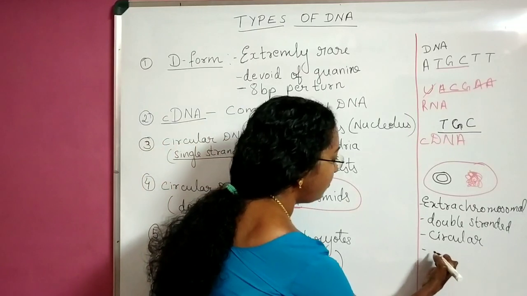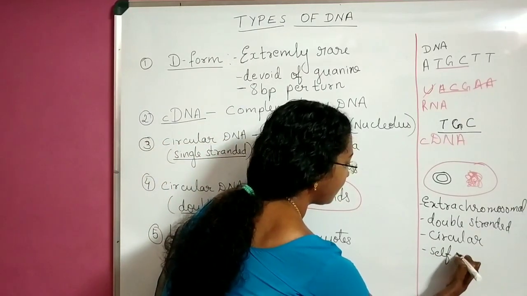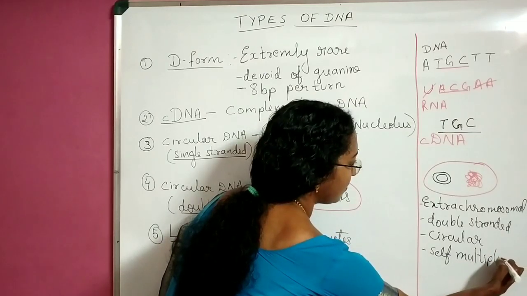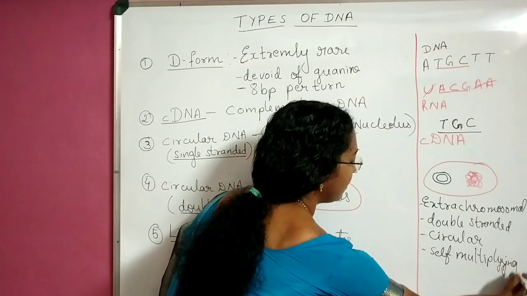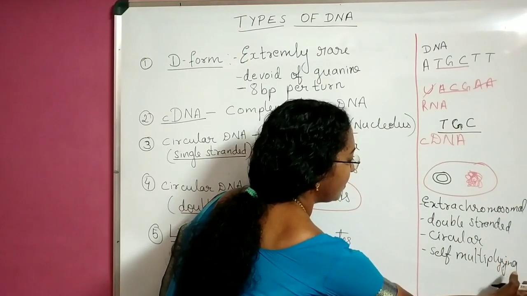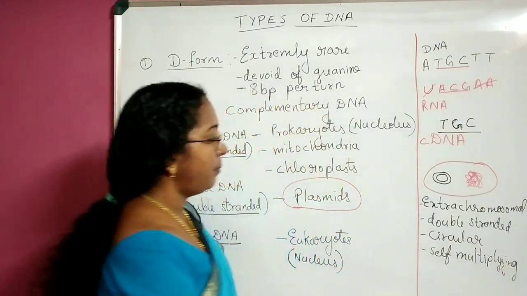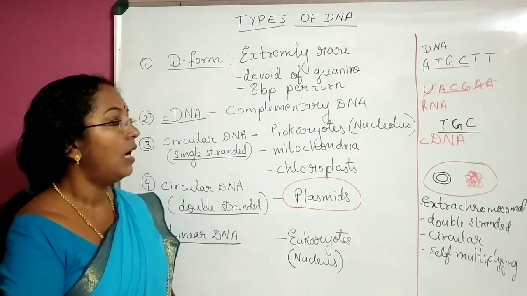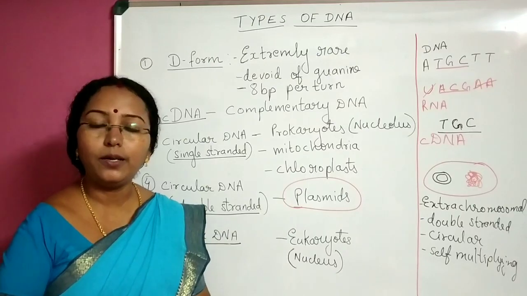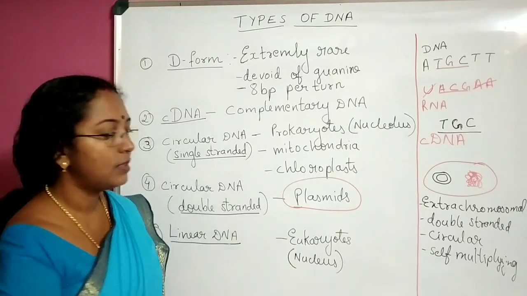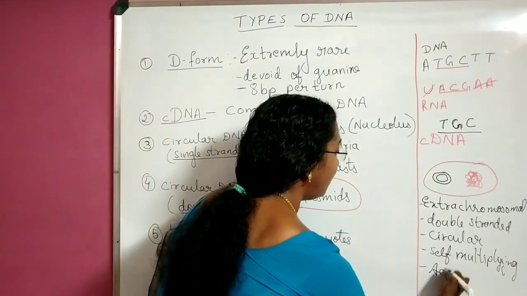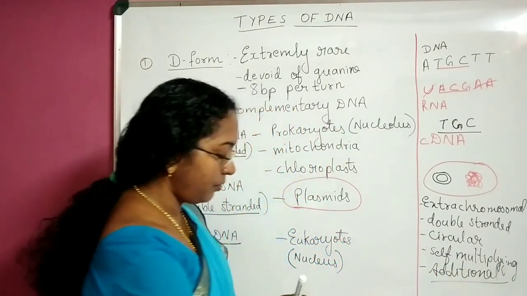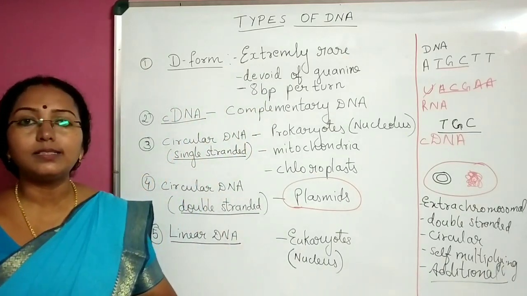So it is self-replicating, extra-chromosomal, double-stranded, circular DNA molecules present in some of the prokaryotic cells. And you know what it does? It imparts some additional properties for this particular cell, like antibiotic resistance and all.